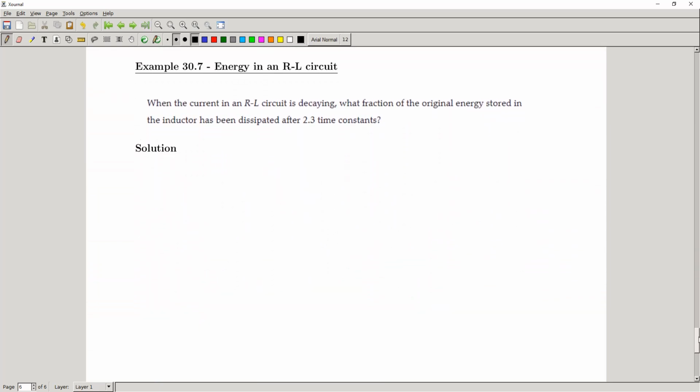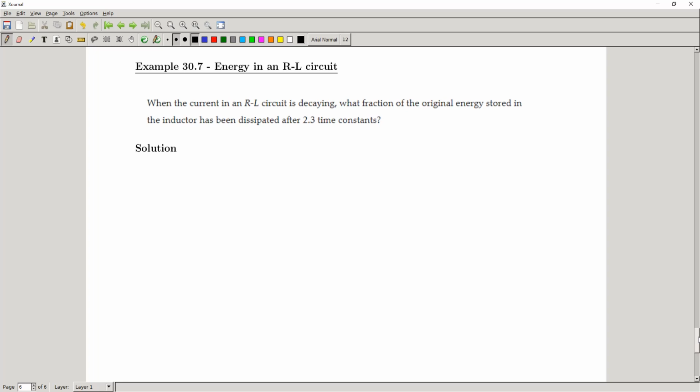This is example 30.7 from the text, and in this example we are talking about the energy in an RL circuit. When the current in an RL circuit is decaying, what fraction of the original energy stored in the inductor has been dissipated after 2.3 time constants?